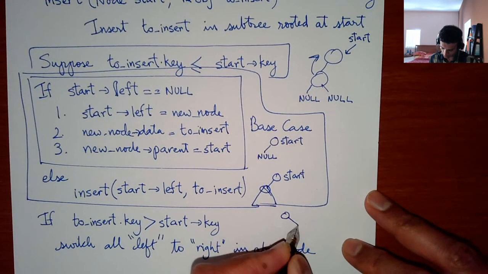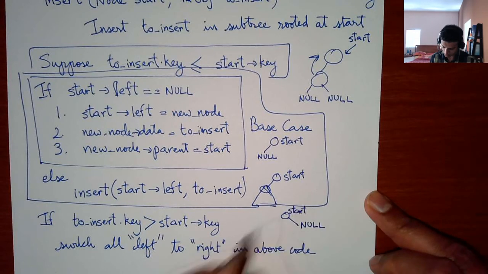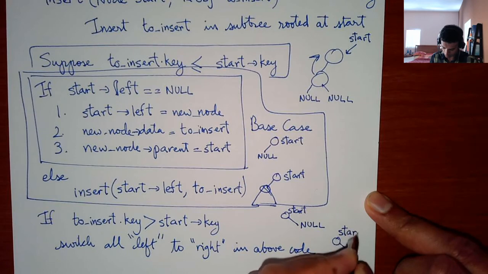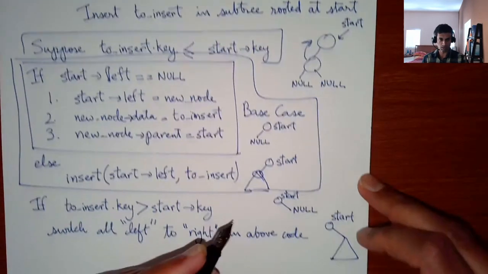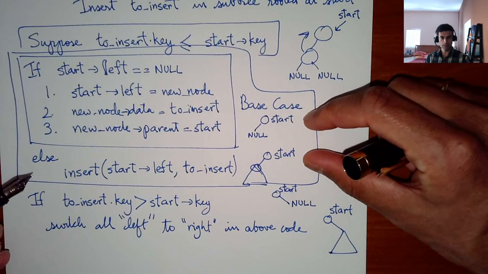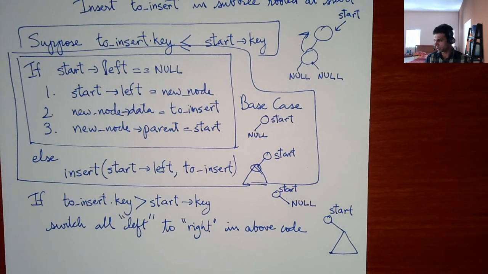The 2 cases here would be, again, that's start. Right, so you see these 4 cases that I've drawn. In these 2 cases you want to insert in the left. In these 2 cases you want to insert in the right. And these are the 4 cases that need to be considered for insertion.